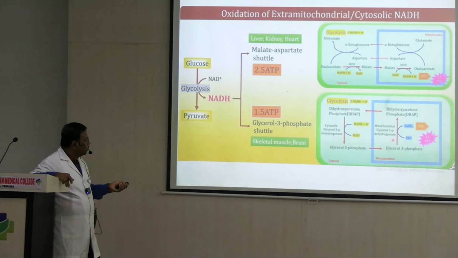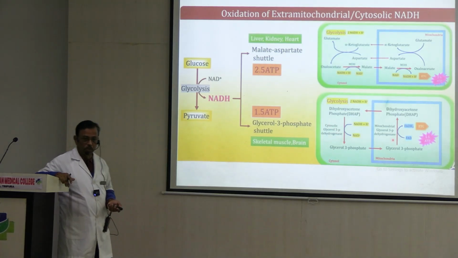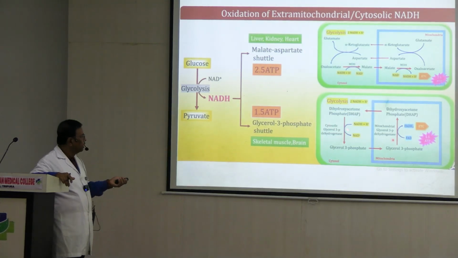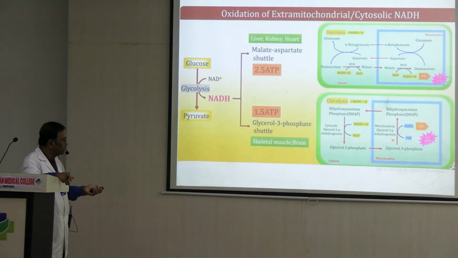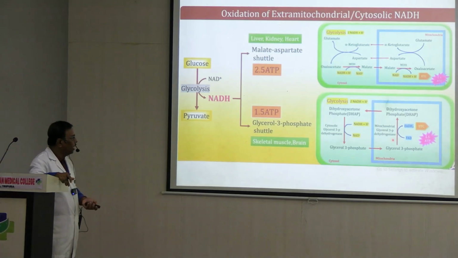Dihydroxyacetone phosphate is converted into glycerol 3-phosphate by the cytosolic glycerol 3-phosphate dehydrogenase, and it uses NADH. So glycerol 3-phosphate can now cross the mitochondrial membrane and go inside the mitochondria.